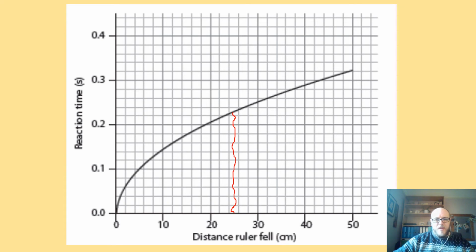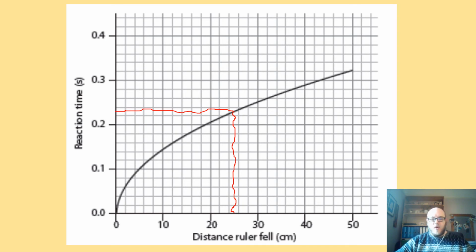Now that, despite the fact the line is wiggly, that's not bad. It's actually about here. And then we do the same thing across the other side. Whoa. Okay, cool. To about there. And you can work out your reaction time from here. And from this, I can work out that the reaction time, if it fell about 25 centimeters, is 0.225 seconds, which is pretty good.